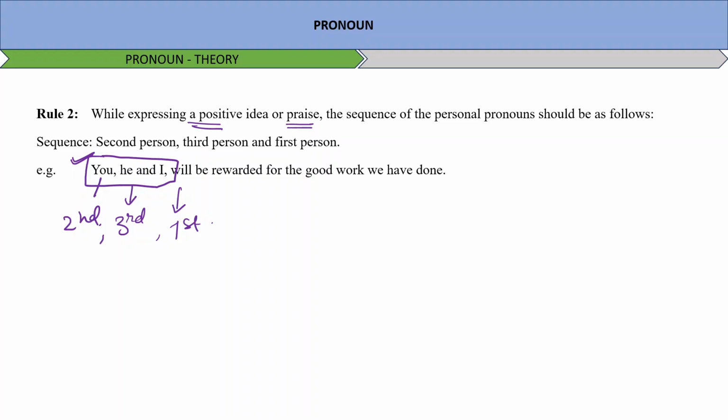Next, the next rule says when a singular subject and a plural subject are combined with the help of connectors like or, either or, neither nor, the singular noun usually comes first in the sentence and the pronoun must be in the plural number.